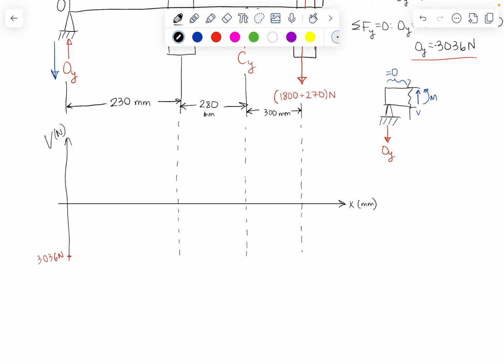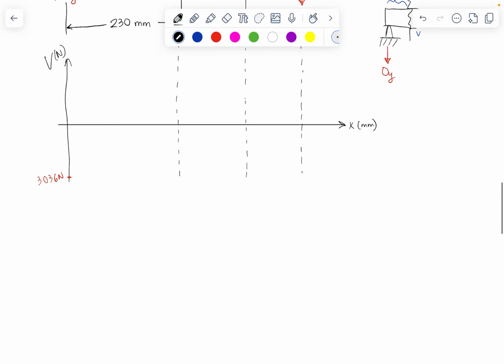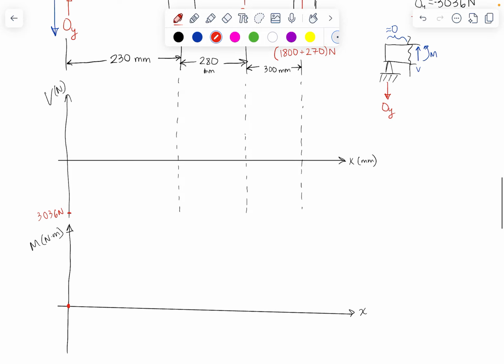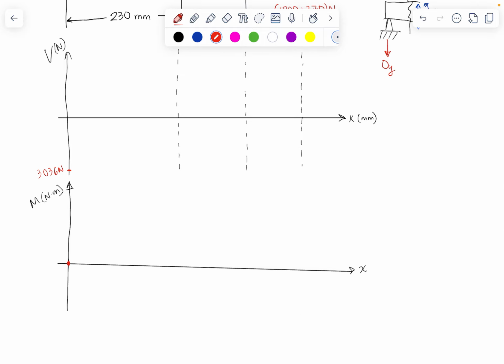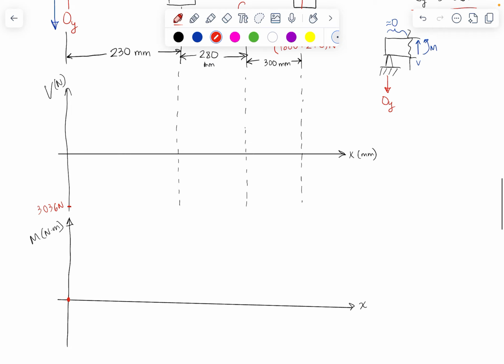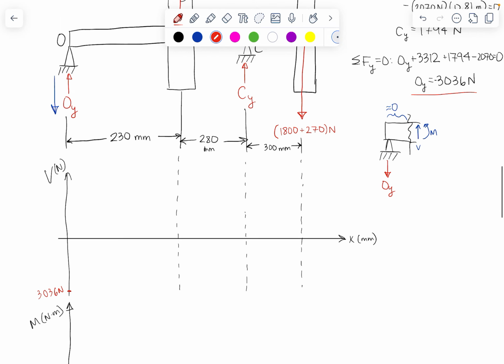So if I draw my moment diagram now, and I'll do that in units of newton meters, our first point is going to be 0. Okay, now as we move along this plot, our shear force is going to stay the same.